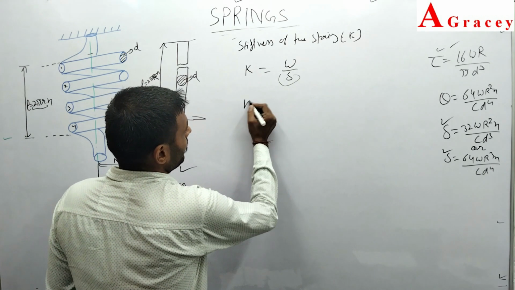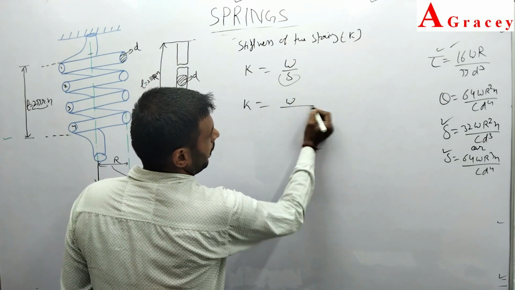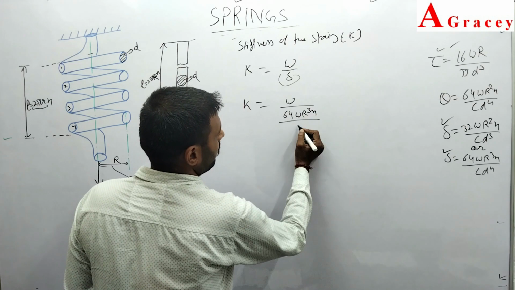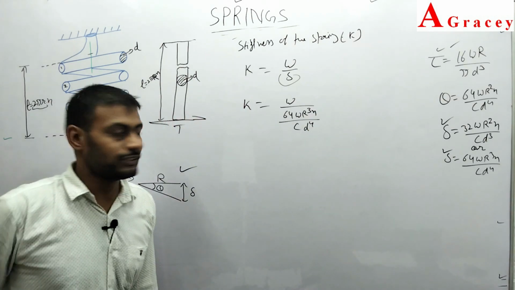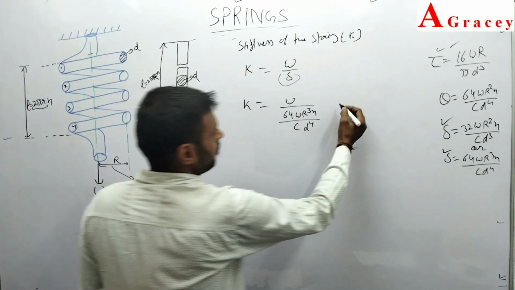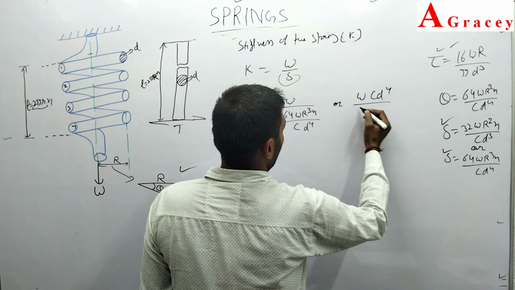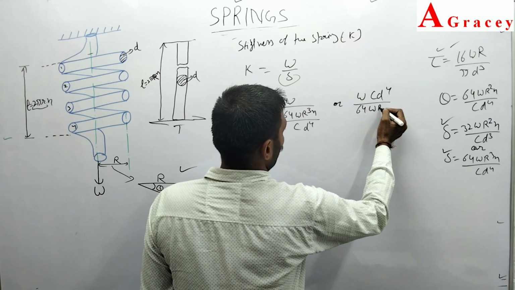So K is equal to W by 64 WR³n divided by Cd⁴.